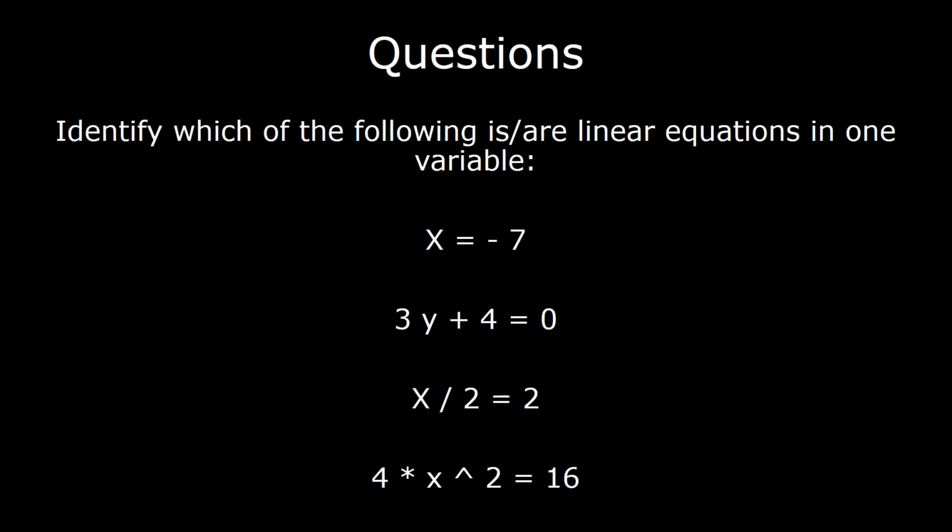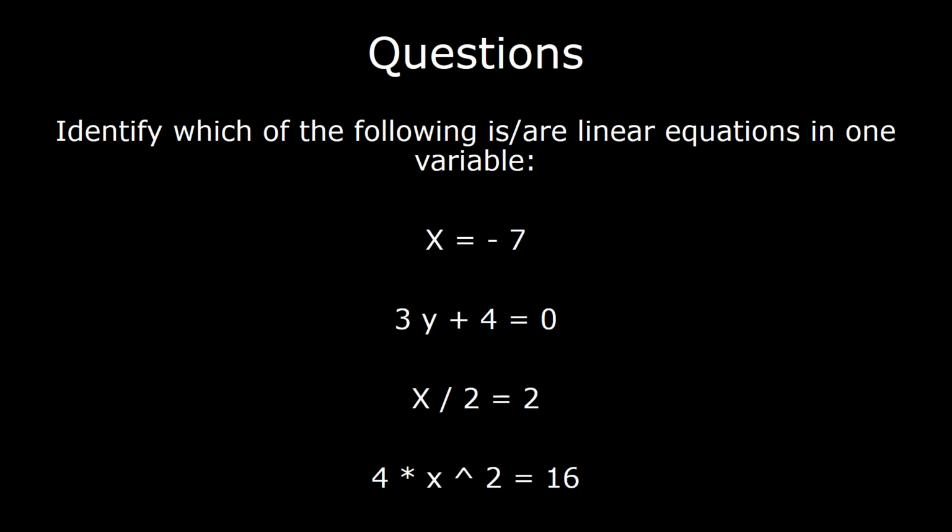And in place of a, we have got 3, and in place of b, we have got 4, because the format is a into x plus b equals to 0, and our equation is 3 into y plus 4 equals to 0. Therefore, this is also comparable, and thus we show that it is a linear equation in one variable.